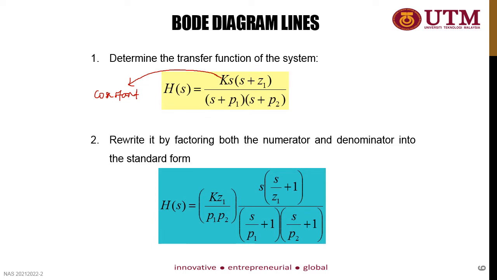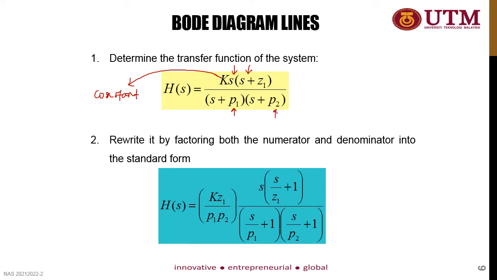You have s outside the bracket, and then you have s inside the bracket as the numerator, and at the bottom, the denominator, you have a few components: s plus one value and then s plus a second value.